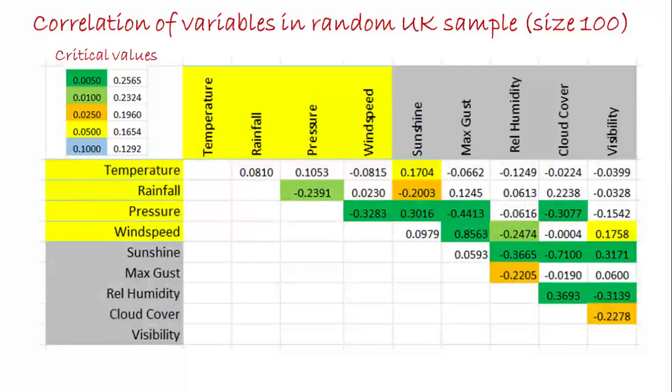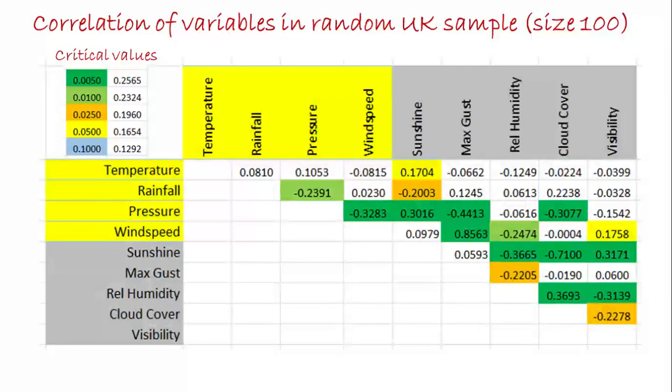Firstly, looking at the critical values for the correlation, you can see the sample size is 100, and so the critical values are relatively low for the correlation coefficient. So a correlation coefficient of 0.2565 is enough to support a significance level of 0.05 that actually the variables are correlated.